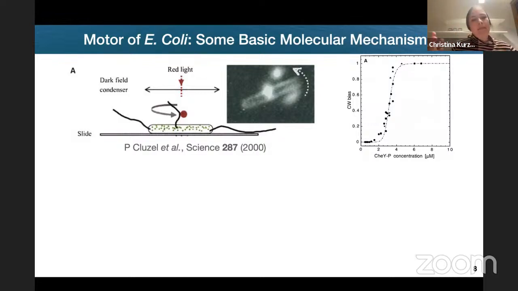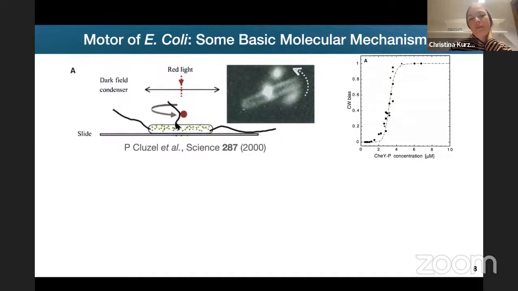So now one way to study how this flagella rotation is related to the motor is in terms of experiments where people have attached cells to a glass plate, and they attach a bead to the flagellum.